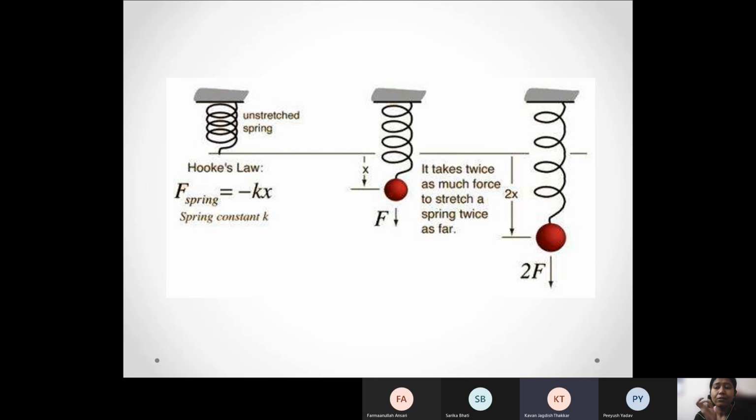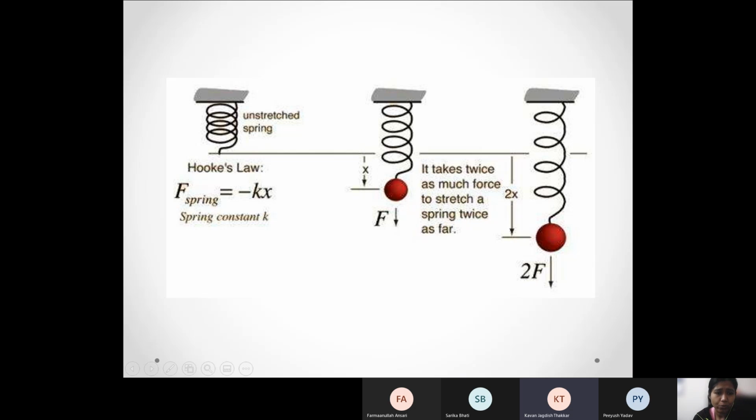Which means that you can scale the force in terms of the displacement, not in terms of displacement square, cube, or some power of displacement, but the power of displacement here is 1, which is very important to analyze these optical trap measurements because, okay, let's look at this.